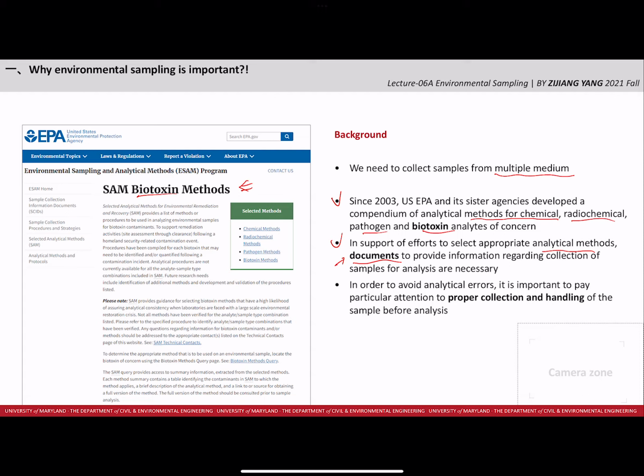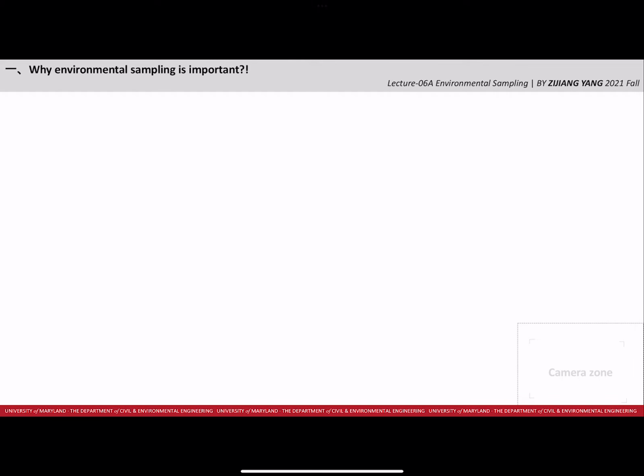So the documents are very important. And in order to avoid analytical errors, it is important to pay particular attention to proper collection and handling of the sample before analysis, which means we need to think about this before we do the experiment.